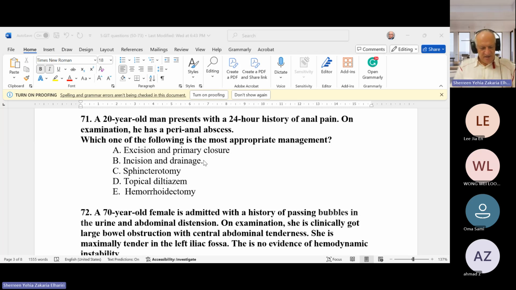To exclude which disease? Any inflammatory disease associated with perianal fistula or abscess is what? IBD, like Crohn's disease.